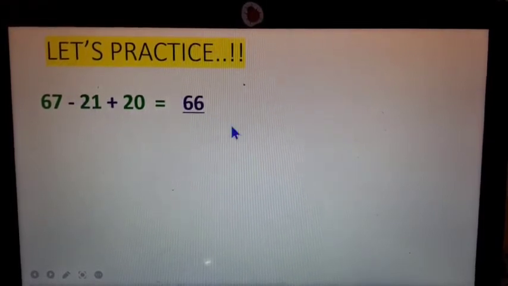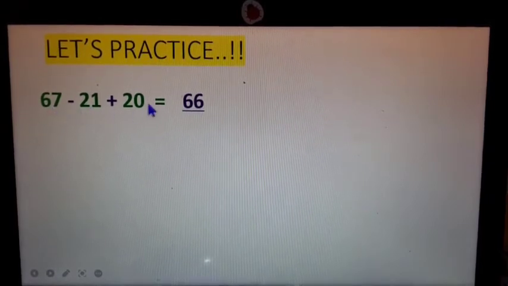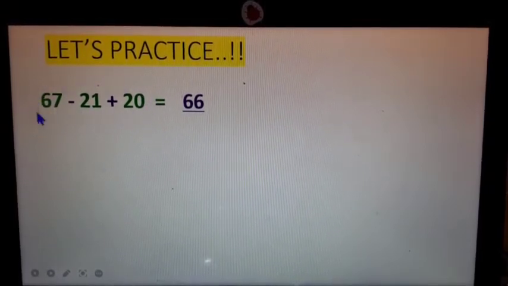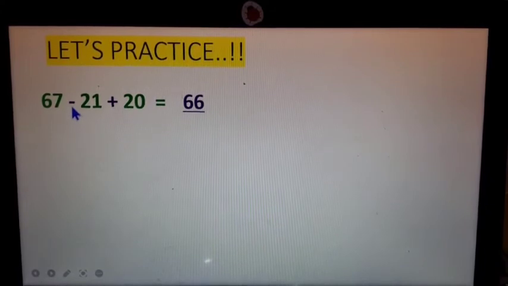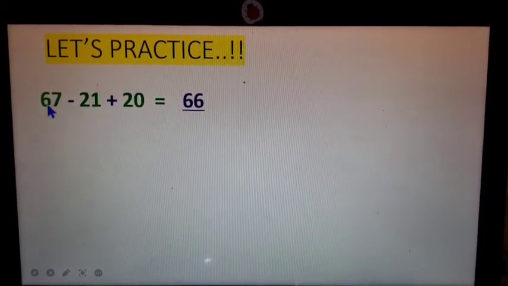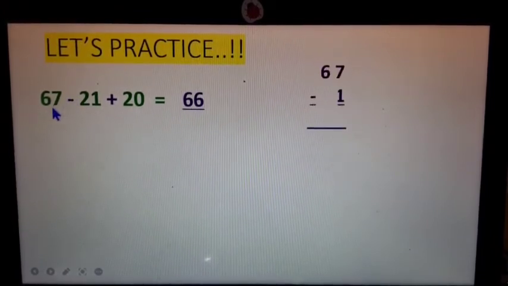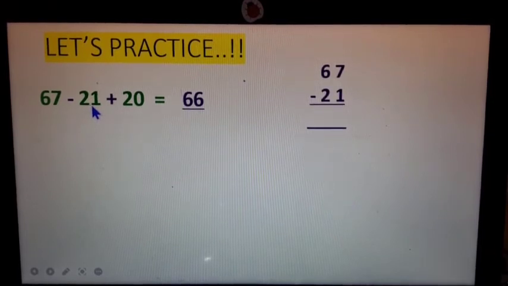Again, use the step just now, which is, check first in the number sentence. If you see here only minus and plus, so you can start solving from left to right. Now, if you want to use your working, for example, 67 first minus 21.